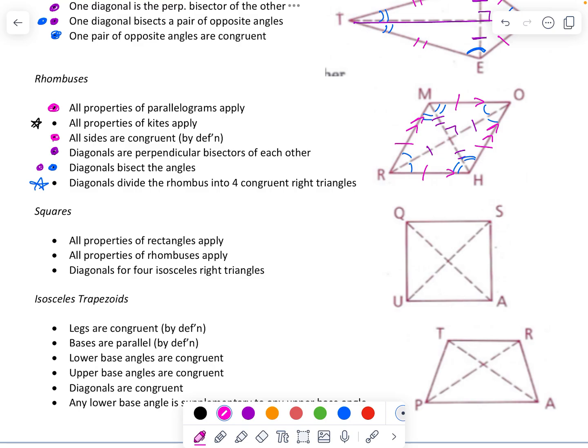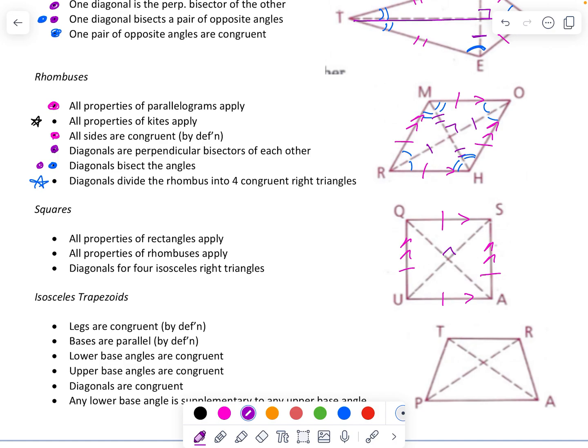Now the square is everything. We have all the properties of the rectangle and the rhombus. Remember, a square is a rectangle and a rhombus. So we have opposite sides parallel, all sides congruent. We have the right angle. Diagonals are congruent and bisect each other.